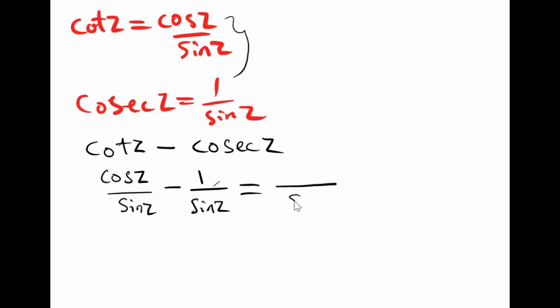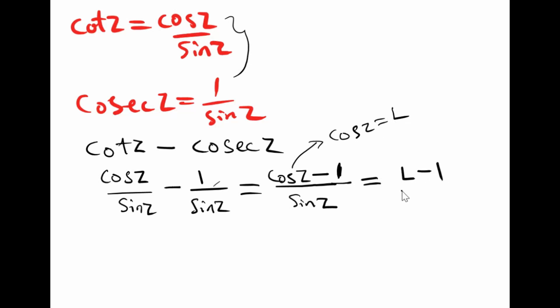Taking the LCM, we have cos z minus 1 all over sin z. But remember, from the question, we have that cos z is equal to L. Then I have L minus 1 all over sin z. This is our numerator.